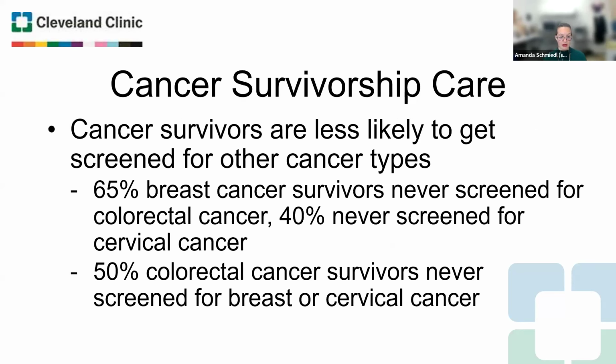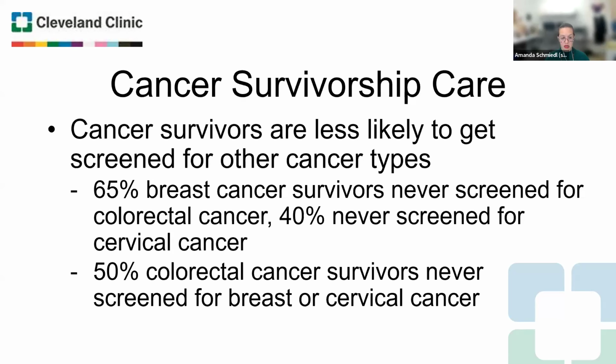Cancer survivors are less likely to be screened for other cancer types, both those in sexual and gender minorities and those who are heterosexual and cisgender. So 65% of breast cancer survivors are never screened for colorectal cancer, 40% are never screened for cervical cancer, and 50% of colorectal cancer survivors are never screened for breast or cervical cancer.